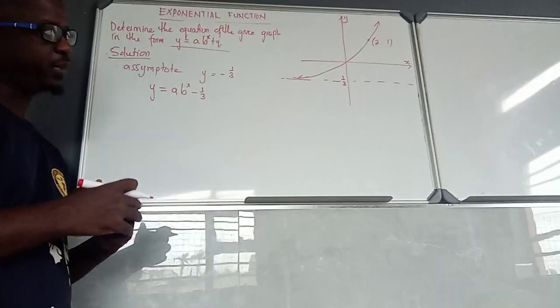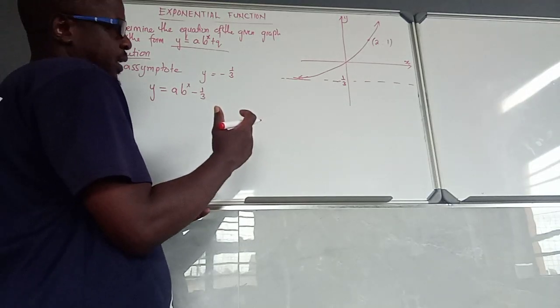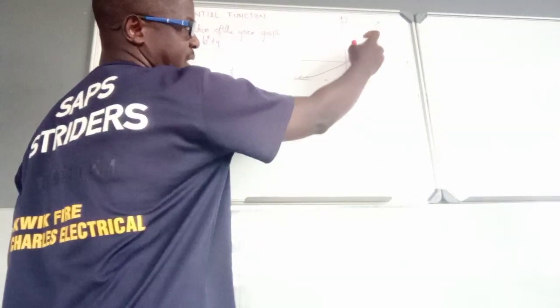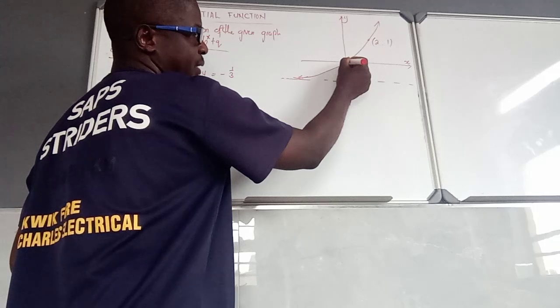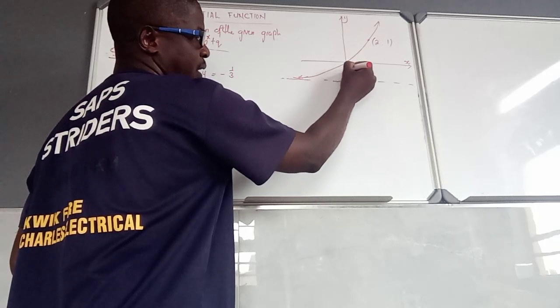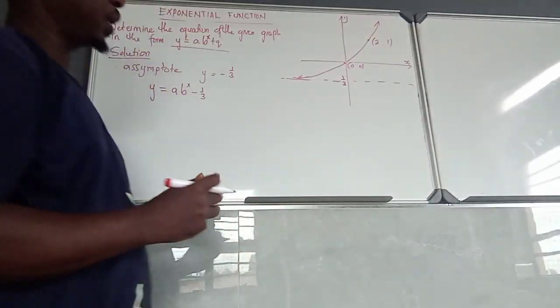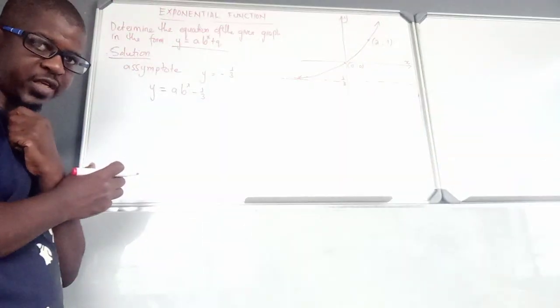What is our next step? Our next step is to identify a point. Yes, we do have a point here, but preferably I would like to start with this point here, which is (0, 0). If I identify any point, I can substitute it into this equation.